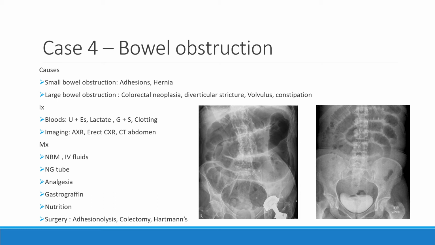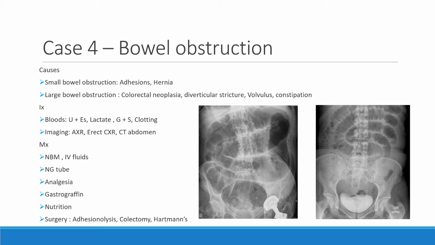Another investigation you can do is a gastrografin swallow study. Gastrografin is a hypertonic solution, so it's both therapeutic and investigative. You give the patient 100 mils of gastrografin through the NG which you've inserted, and take serial abdominal X-rays, one at 2 hours post gastrografin and one at 4 hours after that.